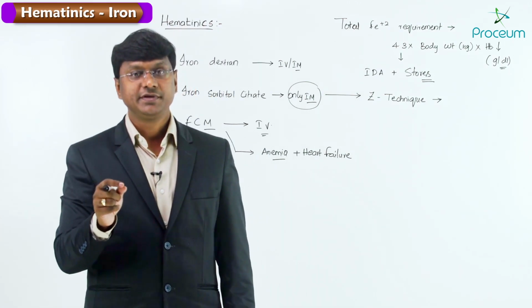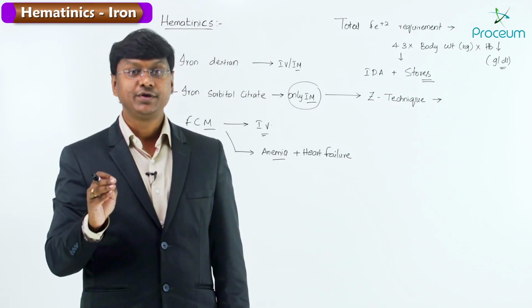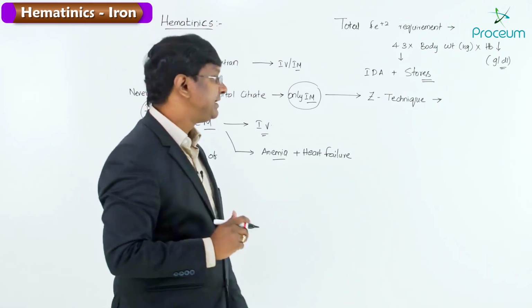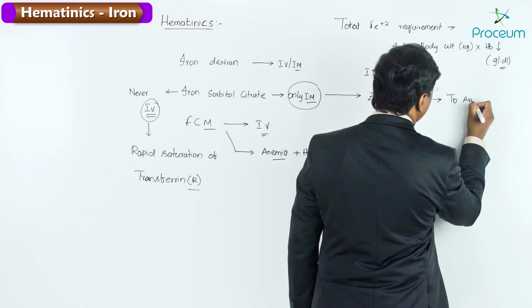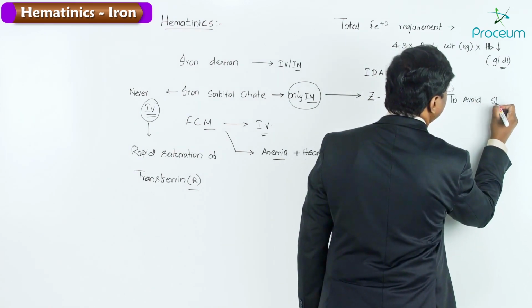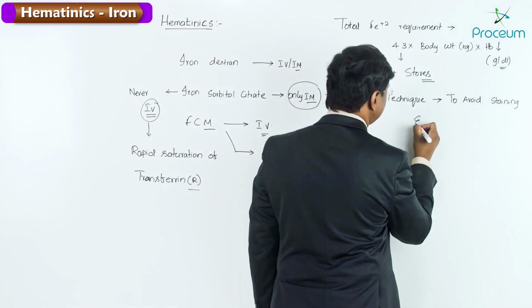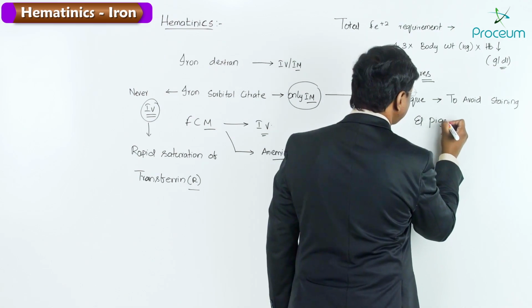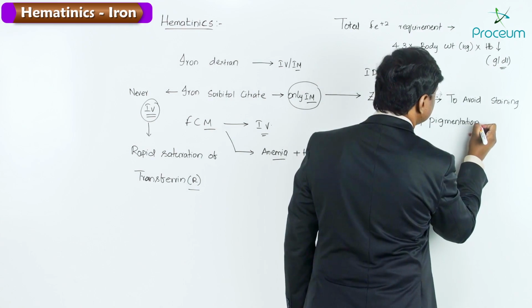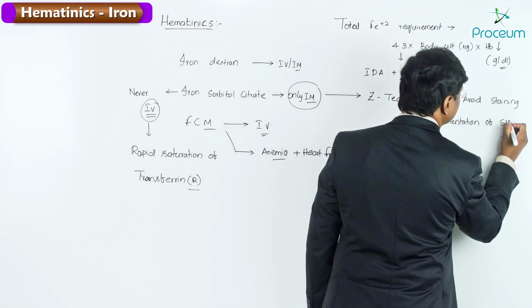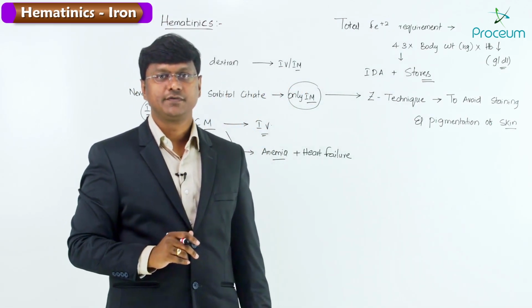The purpose of giving intramuscular iron injection by the Z technique is mainly to avoid staining and pigmentation of the skin.